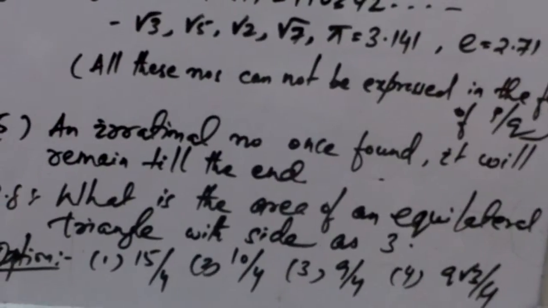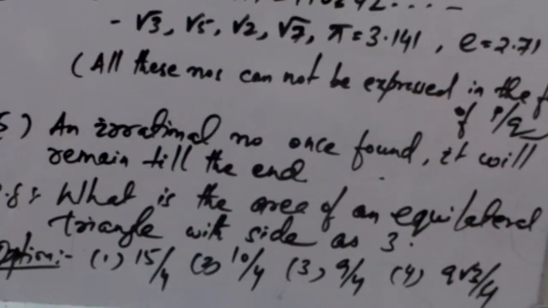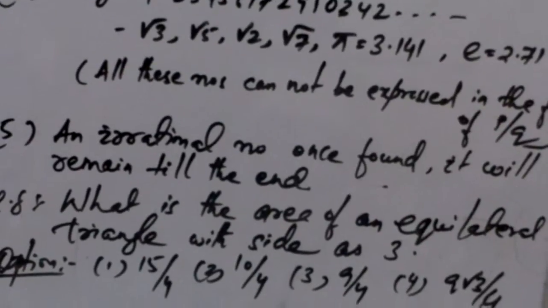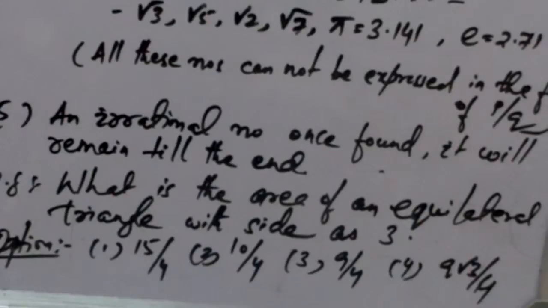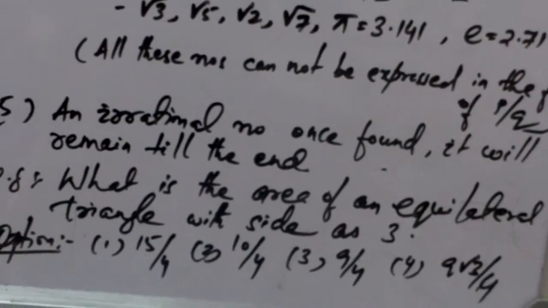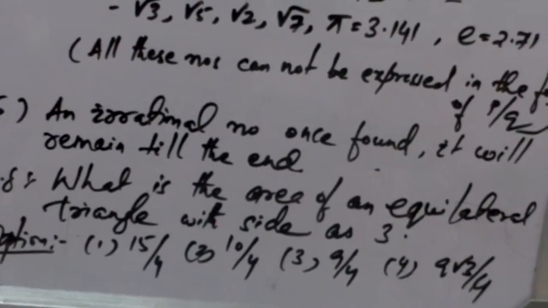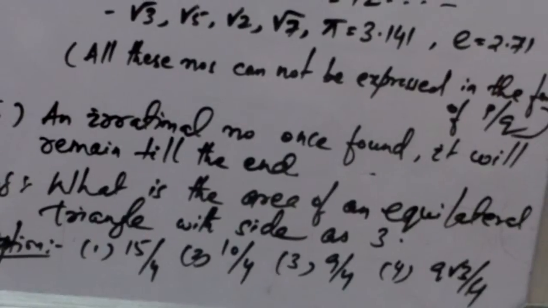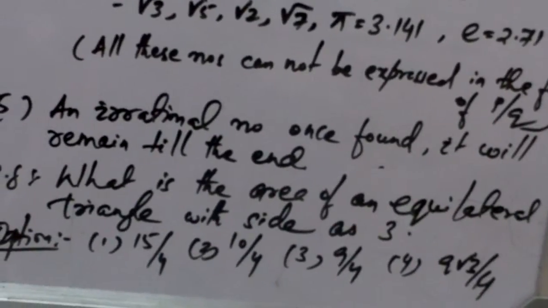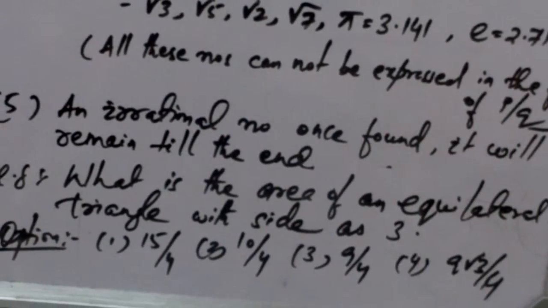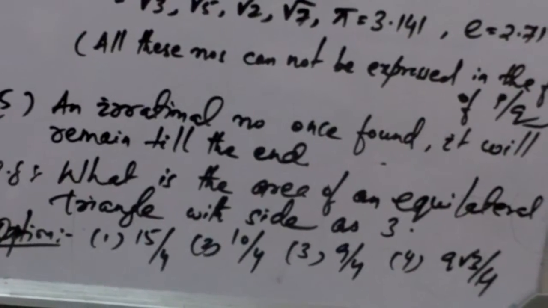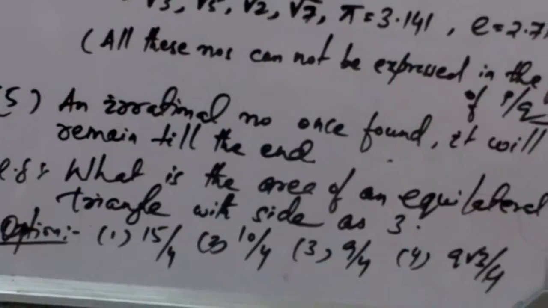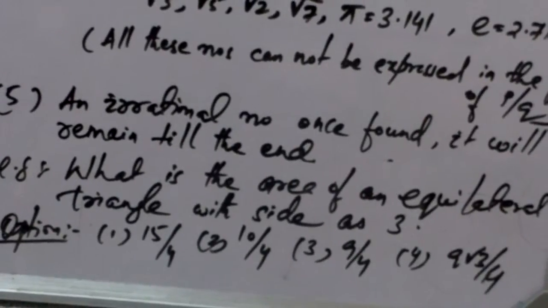That is fine. But suppose, think for a while, that we forgot the formula itself. We don't know whether root 3 by 4 into side squared is the formula, but we just know that there is a root 3 term in the area formula. Then how do we solve that?